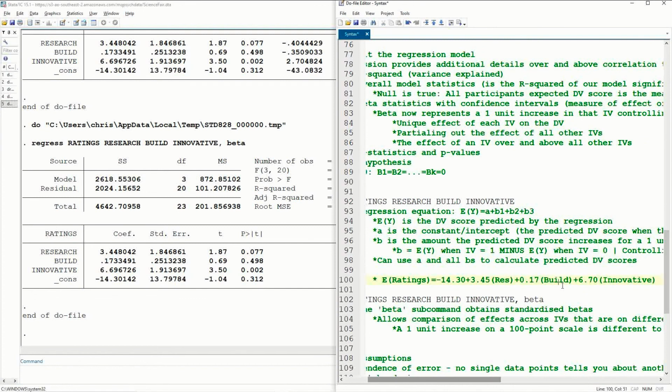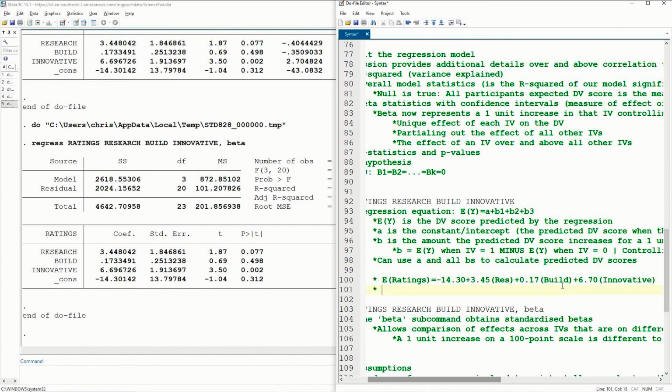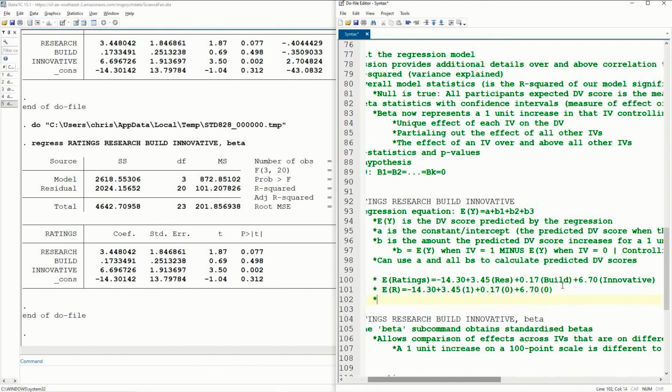So if I said that I wanted to predict the expected ratings of someone who has 1 hour of research, controlling for building and innovation, what I could do is go, okay, so expected ratings is negative 14.30 plus 3.45 times 1, and now to control for these, I simply put 0 in as their score, plus 6.70 times 0, and then that mathematically just removes them.